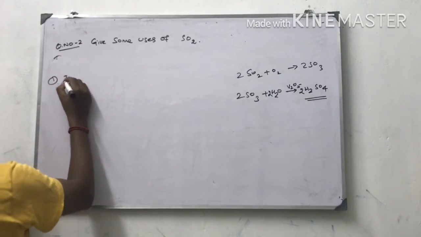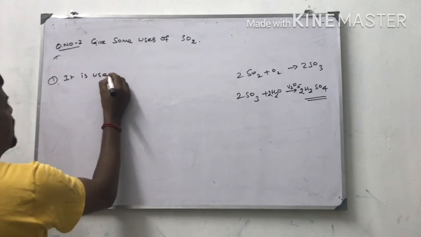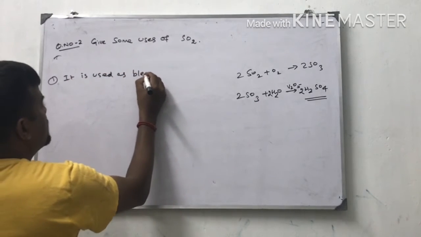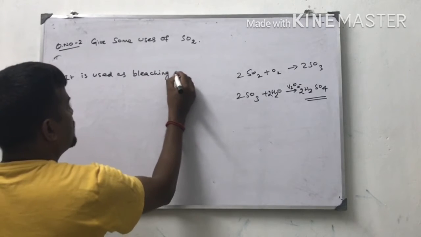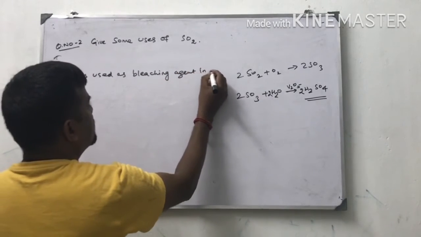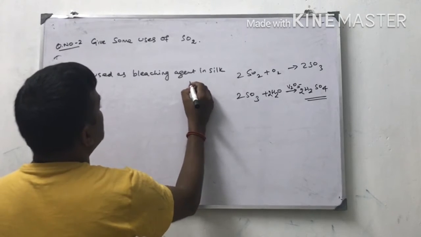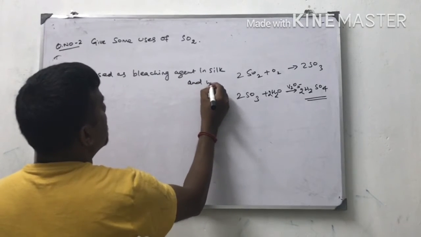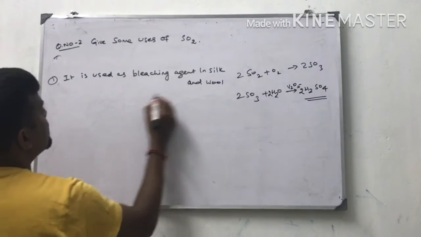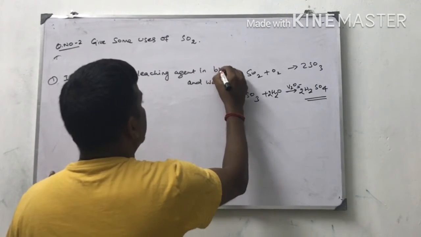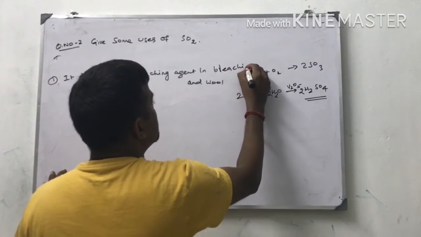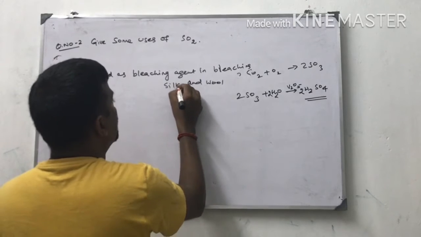First one, it is used as a bleaching agent in silk and wool.